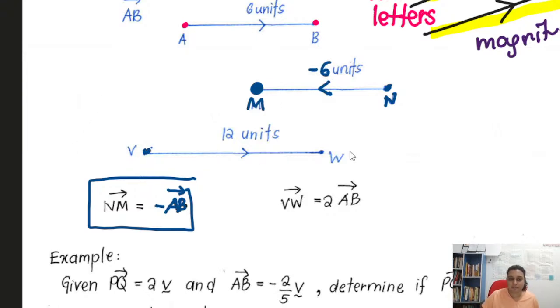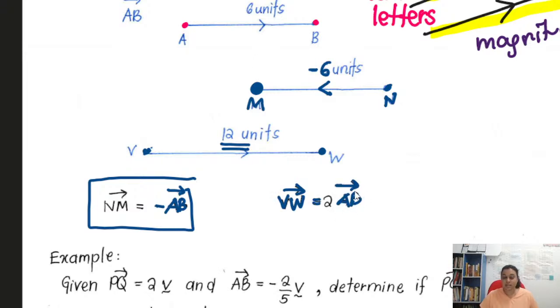How about VW? VW looks 2 times longer, right? So the magnitude of VW is 12 units. You start off with VW first, and AB you write at the back here.